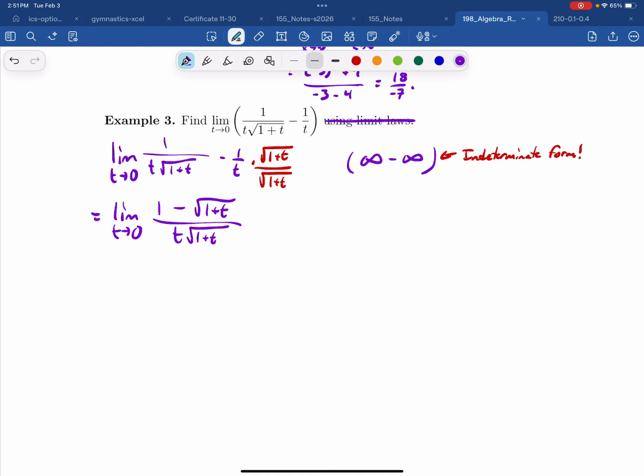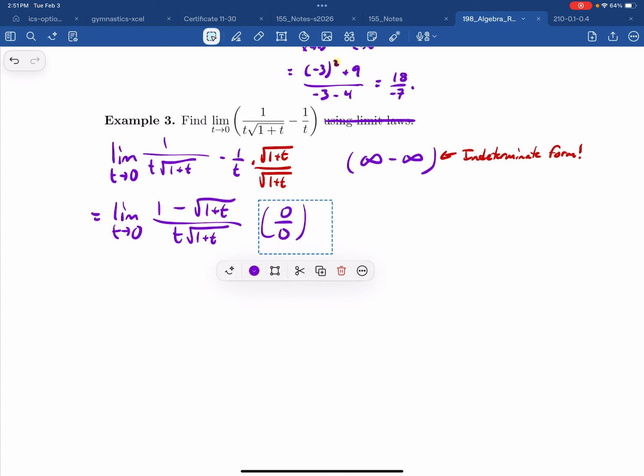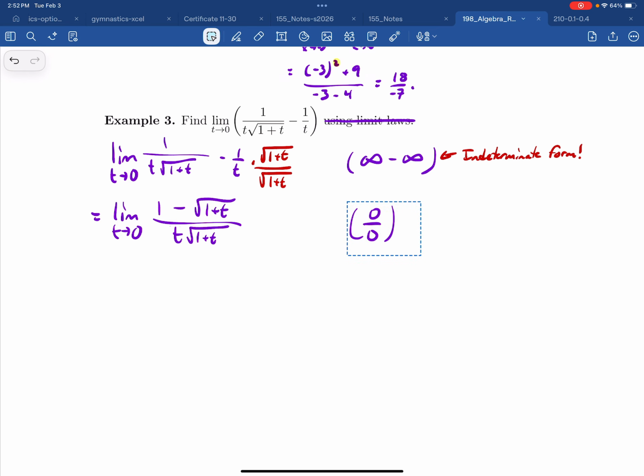Okay, so now let's plug it in. Now when we plug in t equals 0, you might notice we get 0 over 0. Well, not great, it's another indeterminate form, but at least it's an indeterminate form that we're familiar with and one that we know how to handle. So in this case, we're going to multiply by the conjugate.